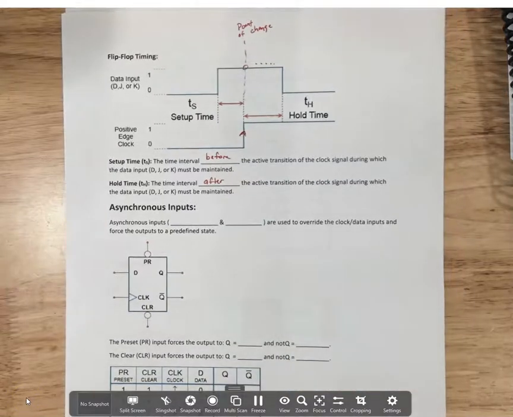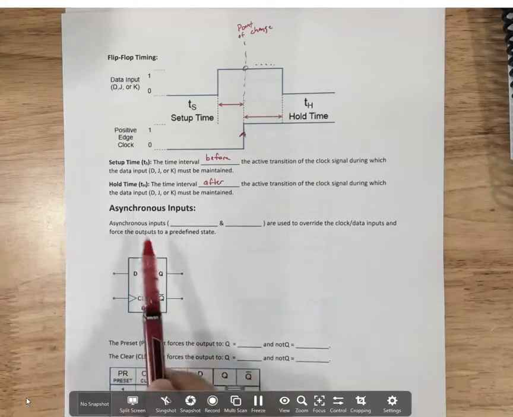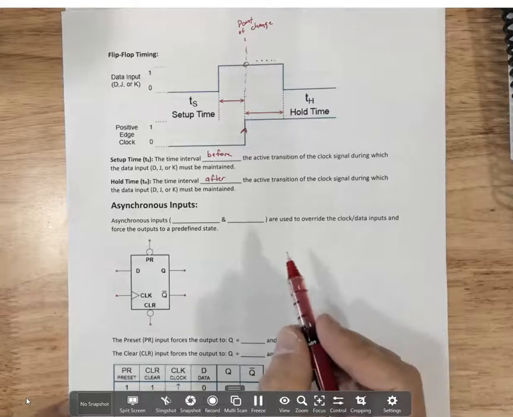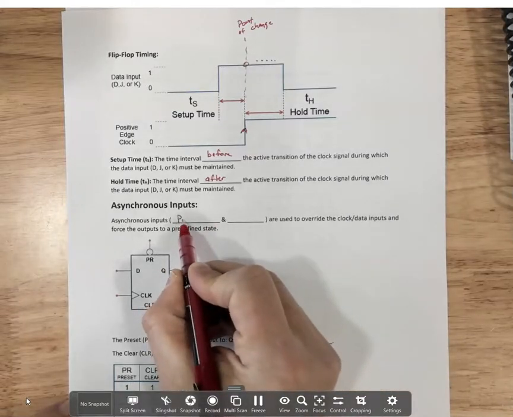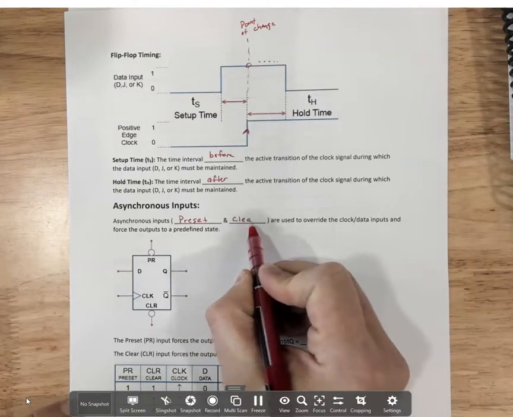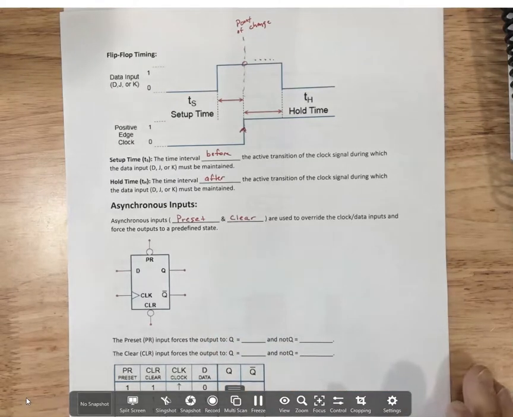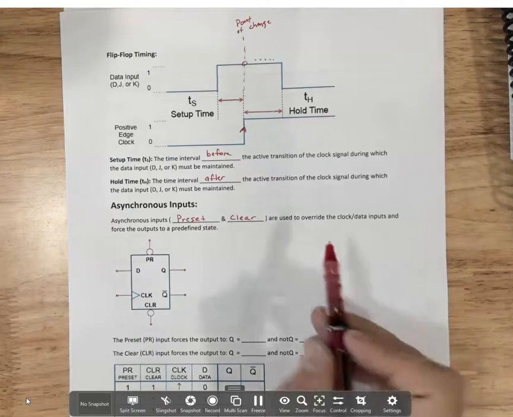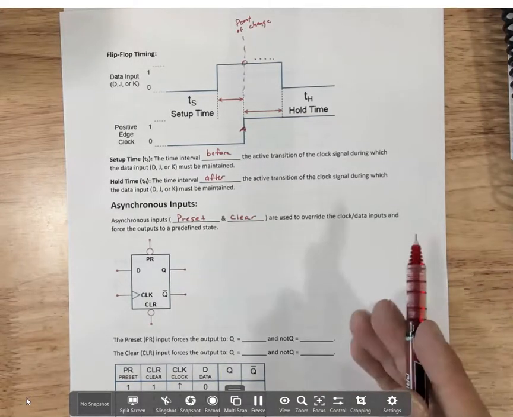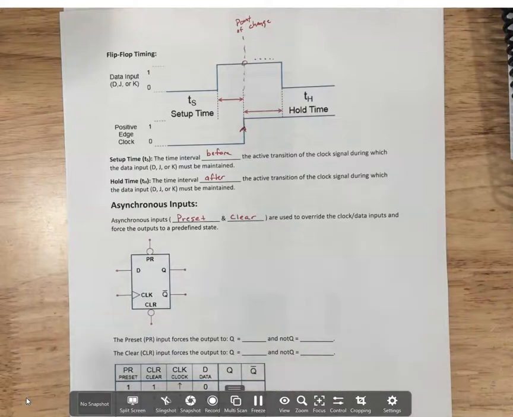All right. So now we're starting with the next section, kind of picking up where we left off yesterday with asynchronous inputs. And the asynchronous inputs have a couple new functions called preset and clear. They are used to override that clock signal and the inputs that are happening in a synchronized manner, where things have to work in sync and work together.